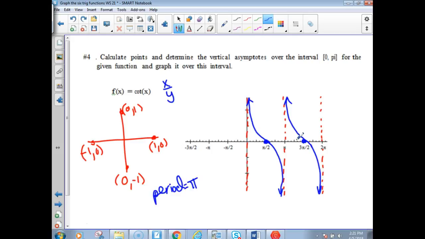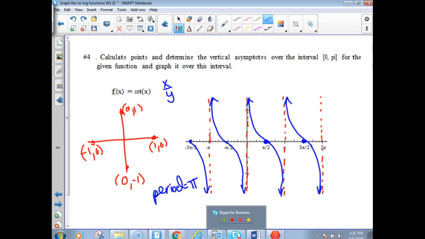If we wanted to continue the graph, we back up pi units to the left and make another twist. This would be the bottom half. We good? So you need to know where the asymptotes are and where they hit 0.